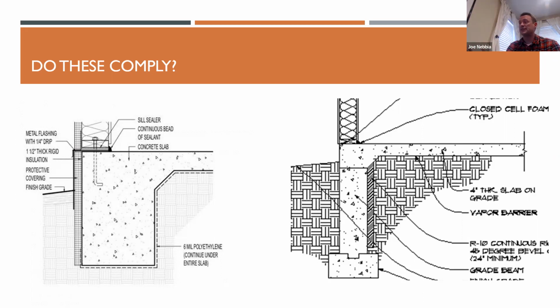So this is an example of a builder who was doing this and still complying with code in previous versions of the code, because they would go to the performance path, model this as an uninsulated slab, which is what it is. And they would comply that way, because if I'm standing on this slab and it's cold outside like it is right now, and I've got my socks on, there's nothing insulating my body heat from leaving through that slab.